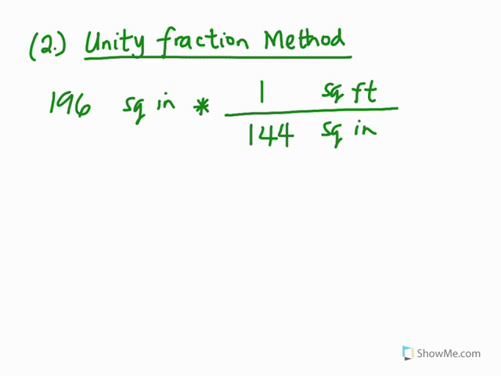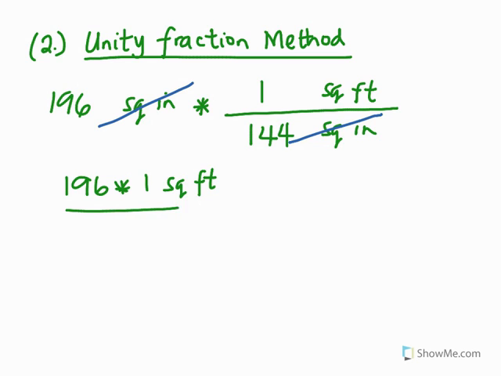Once you write this, you can go ahead and cross out the square inches here and square inches here. So you are now left with 196 times 1 square feet all over 144. Then you divide this.